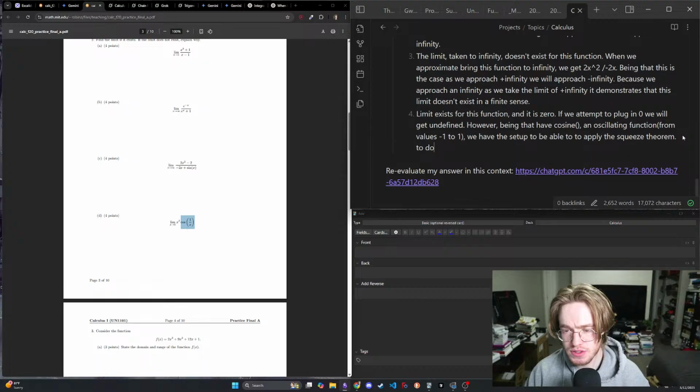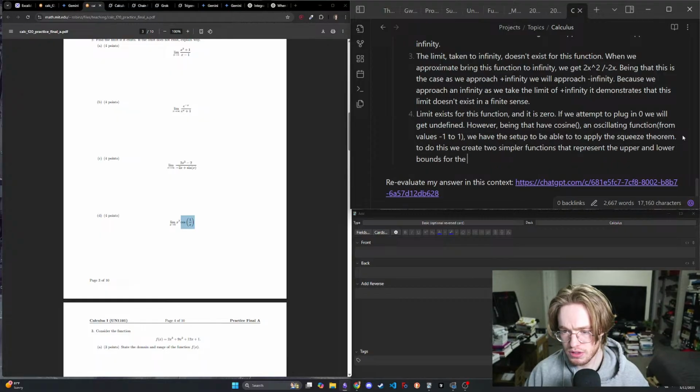To do this, we create two simpler functions that represent the upper and lower bounds for the cosine 1 over x term.